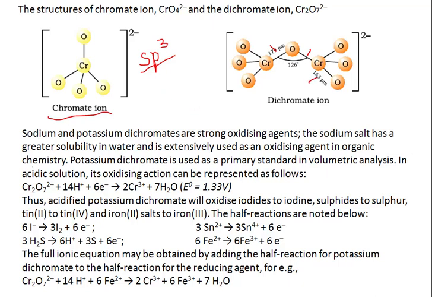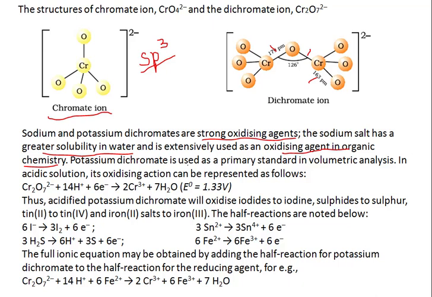Now the properties of sodium and potassium dichromates. They are strong oxidizing agents. This is the most important property. Sodium salts have greater solubility in water and are therefore extensively used as oxidizing agents in organic chemistry. When we discuss organic chemistry, we will come across these compounds.